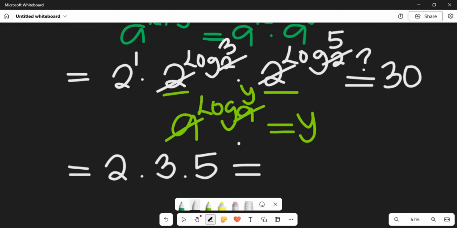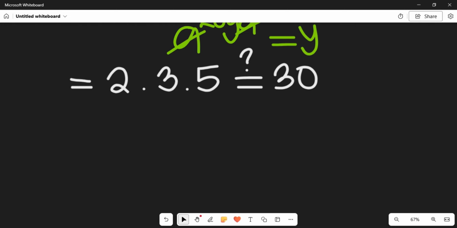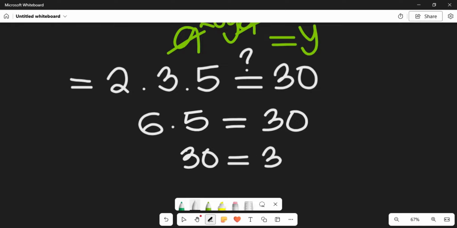Will this whole thing be equal to 30? From this expression, you see that it can truly be possible. 2 times 3 will give us 6, and 6 multiplied by 5 will be equal to 30. So finally, 30 is equal to 30.